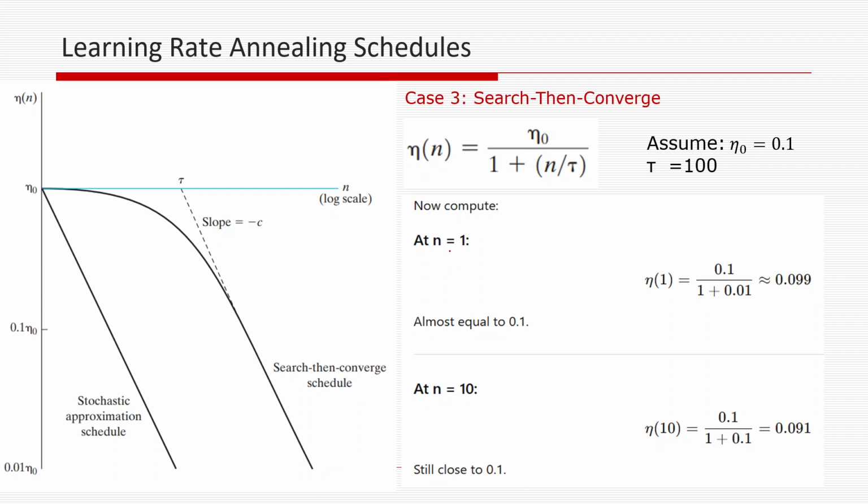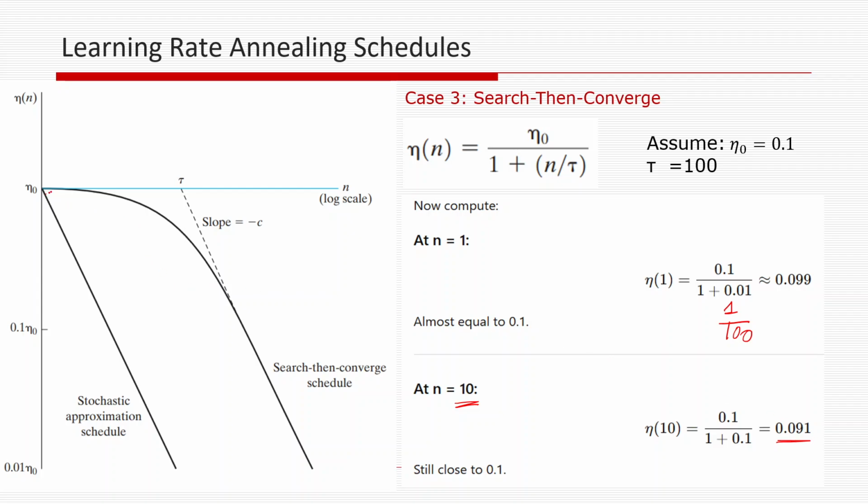At n equal to 1, what is the value I'll be getting? 0.1 divided by 1 plus 0.01, because n value was 1 and then divided by 100. Therefore, it becomes 0.099. Similarly, at n equal to 10, when we substitute in the search then converge formula, we get the value 0.091.